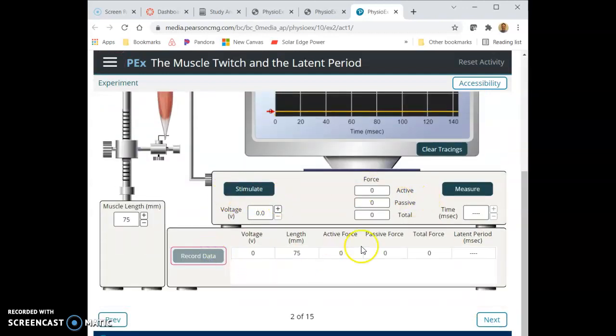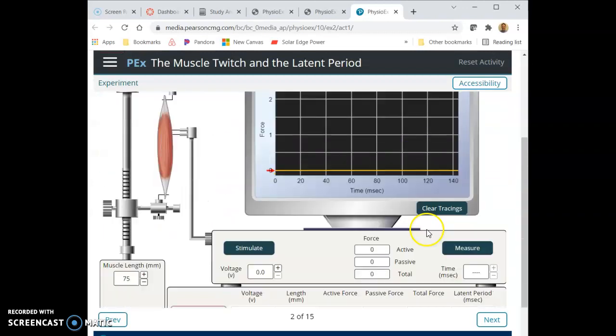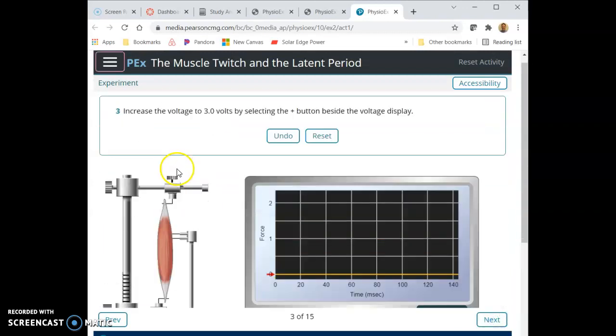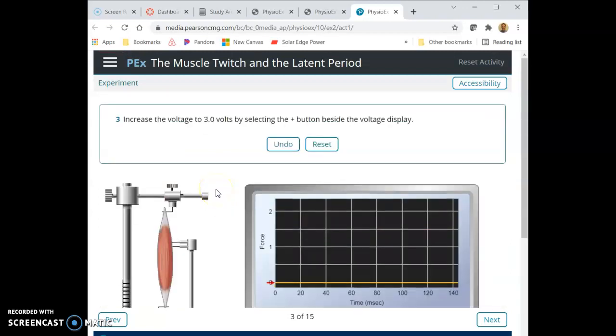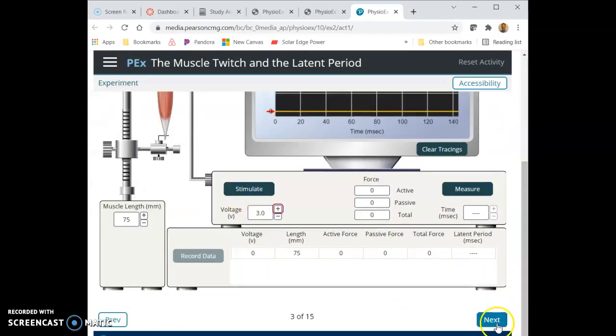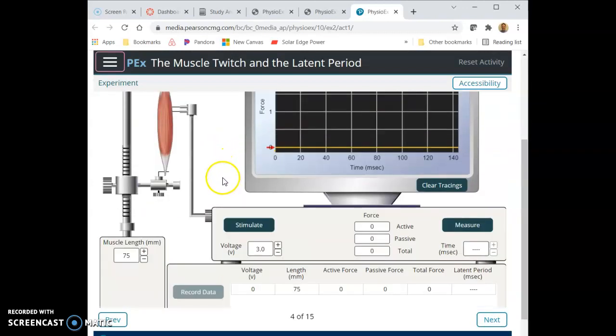So hit that. And since nothing happened, there's no latent period. And then we go on, hit next again. It tells you what to do next. So increase the voltage to 3. Here's the voltage. There's a plus 1, 2, 3. Looks good. You can hit next, or the next thing it'll tell you to do is to hit the stimulate button. So select stimulate. There we go.